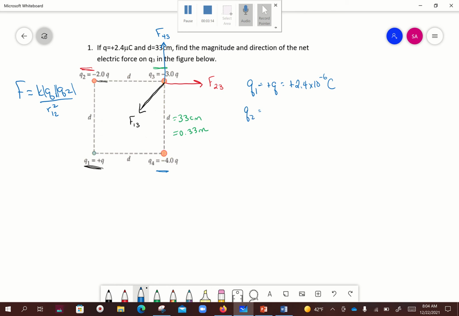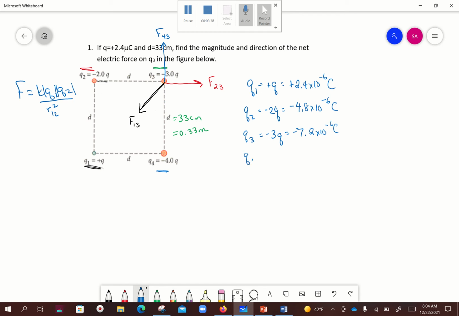Q2 is minus 2Q. If I calculate that, I get minus 4.8 times 10 to the minus 6 coulombs. Q3 is minus 3Q, so that's minus 7.2 times 10 to the minus 6 coulombs.